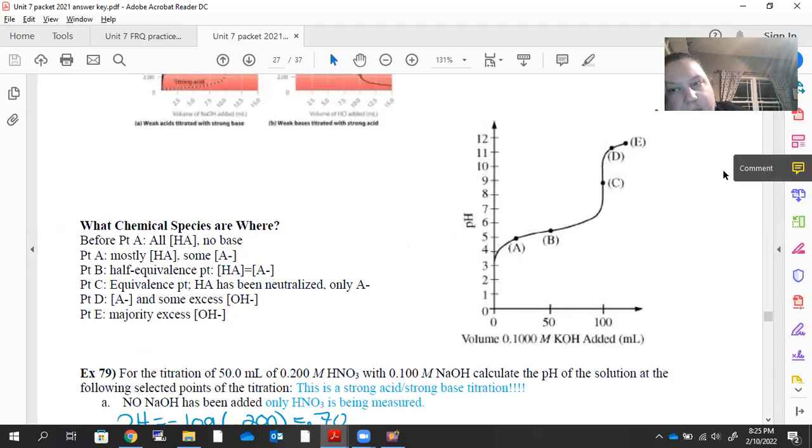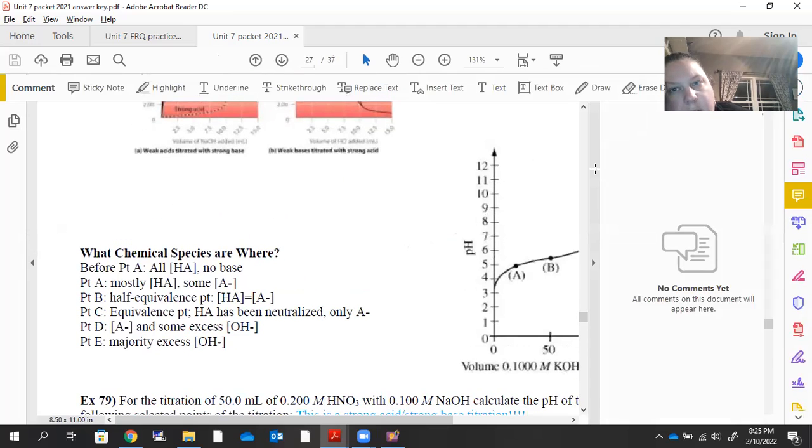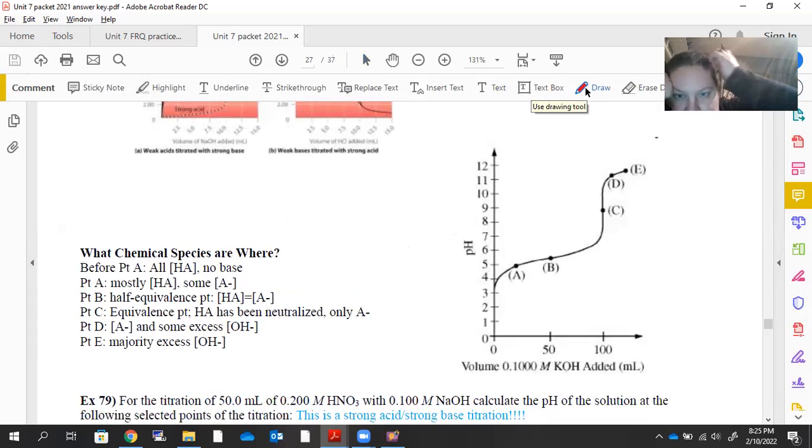At the very, very beginning, we've got all acid, no base. I can tell from the shape of this graph that I'm starting with a weak acid because it's got that little hump at the beginning.